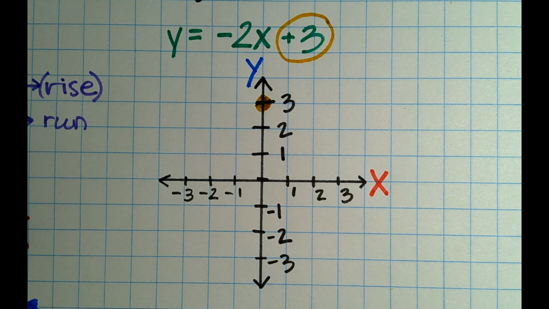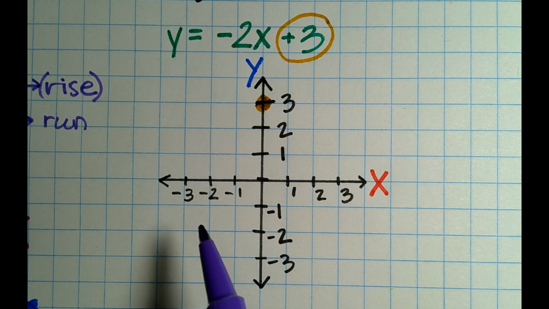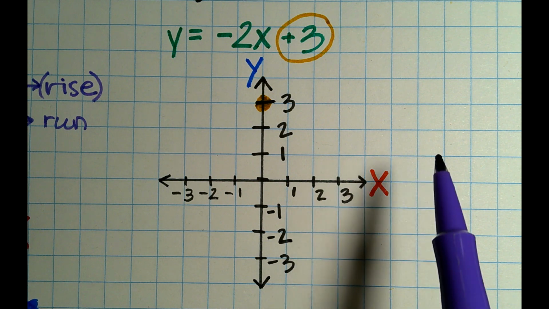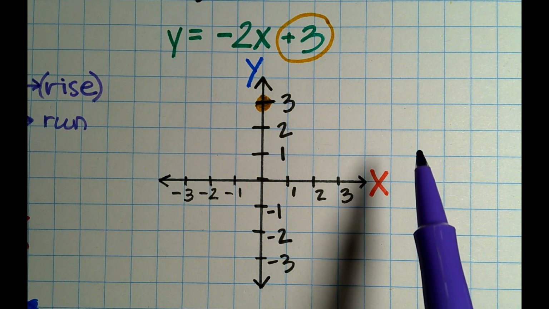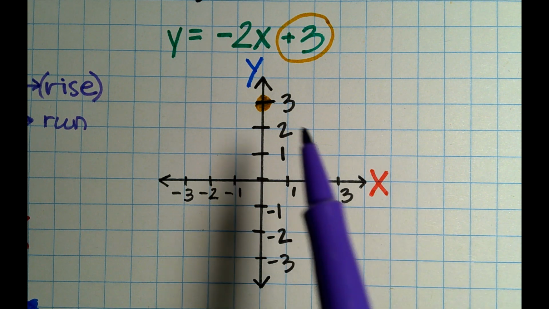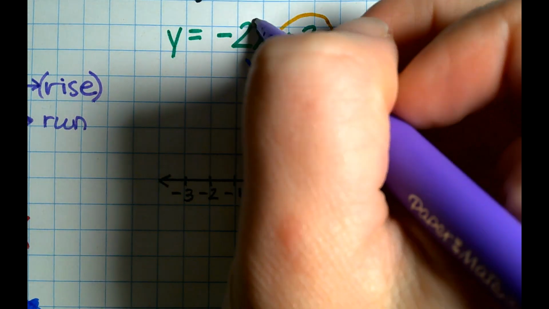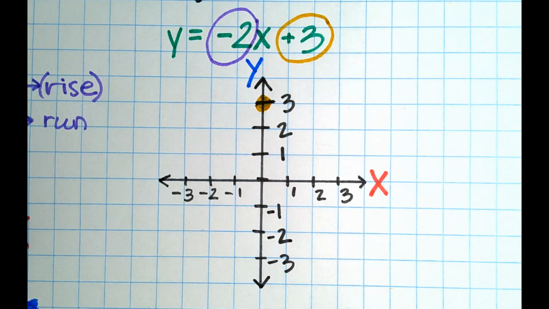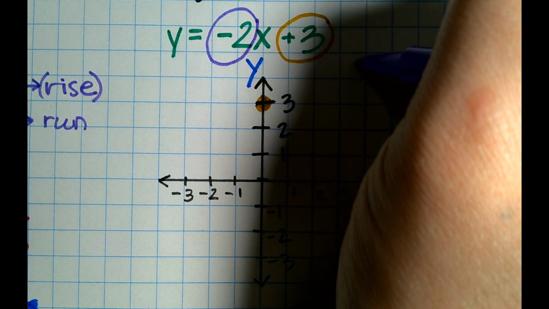And what should I do next? Running to the -2. What does that mean? Running means the horizontal line. Yes, okay. So let's think about it. We are going to use -2, and -2 is our slope.